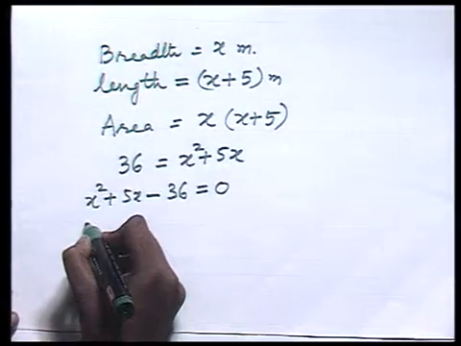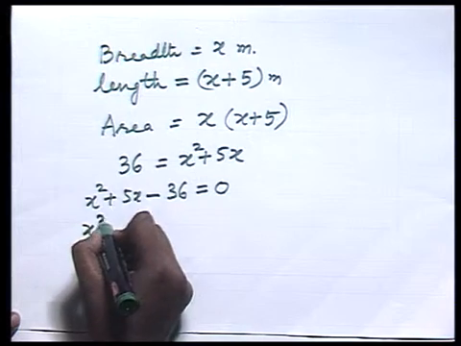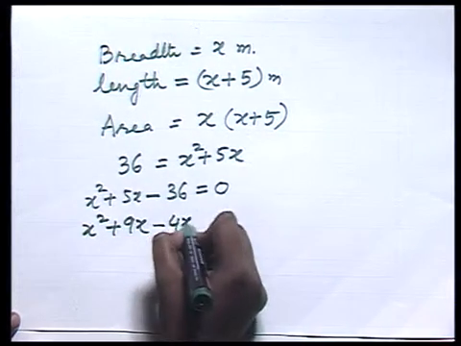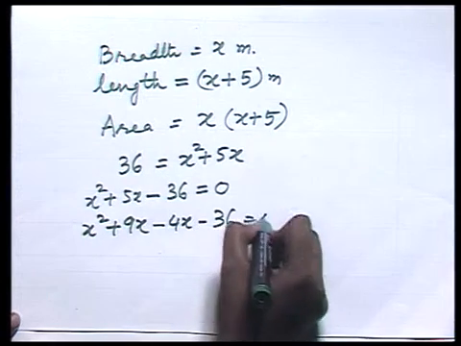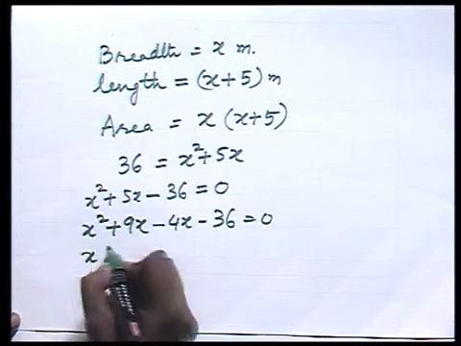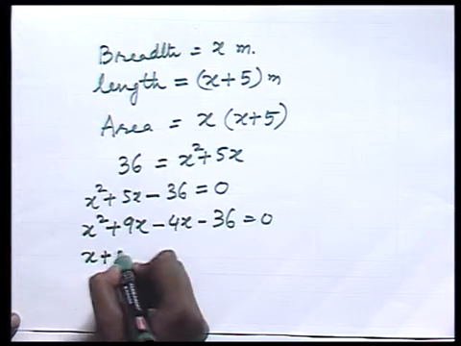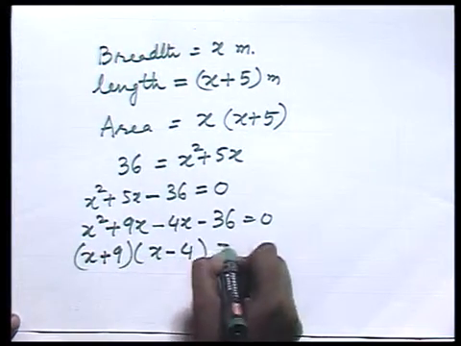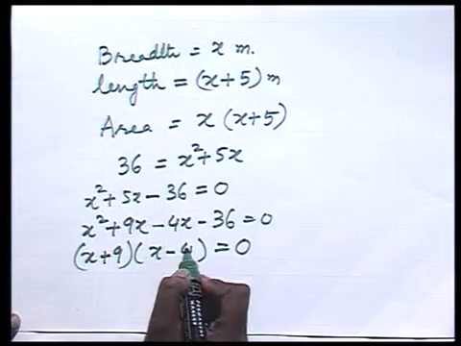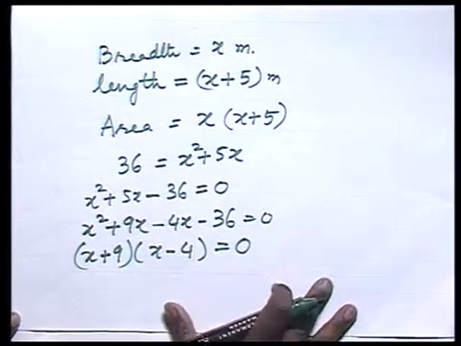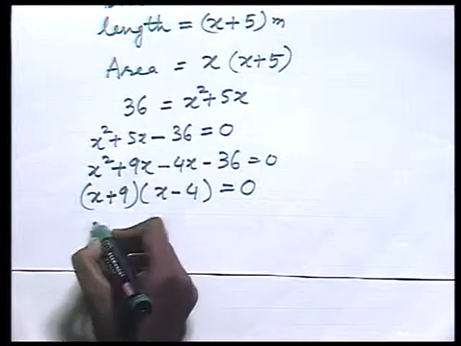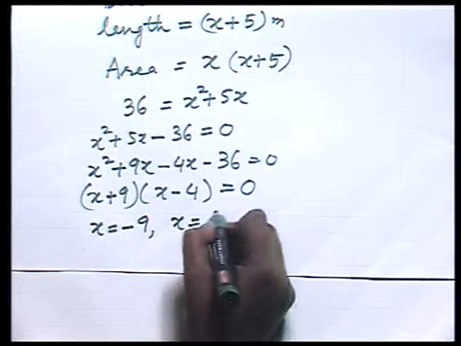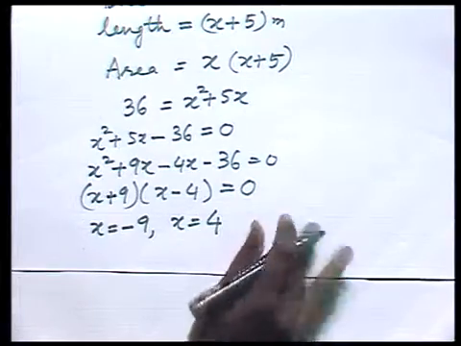This equation can be solved as x square plus 9x minus 4x minus 36 equal to 0, or x plus 9 into x minus 4 equal to 0. So that we get x is equal to minus 9 and x is equal to 4.